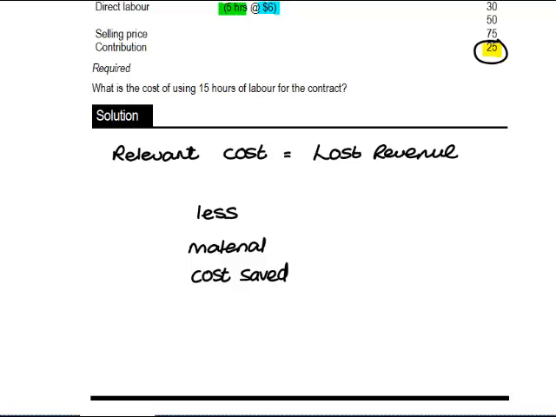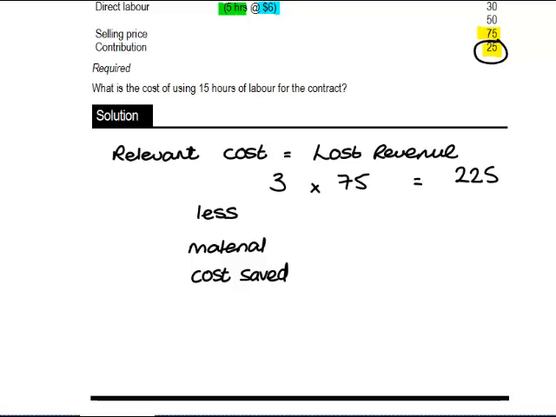Because remember we said that we were going to have 3 units of X that we're not going to be able to sell, we're going to lose the revenue from 3 units of X. Now, the selling price is $75 a unit, so we're going to lose 3 times 75, which is $225.